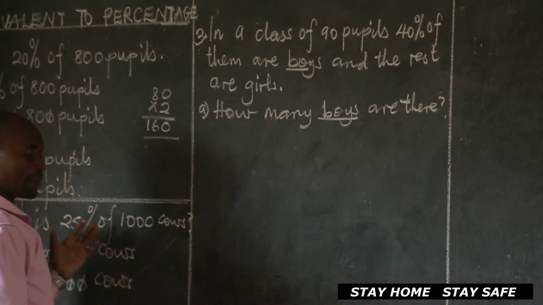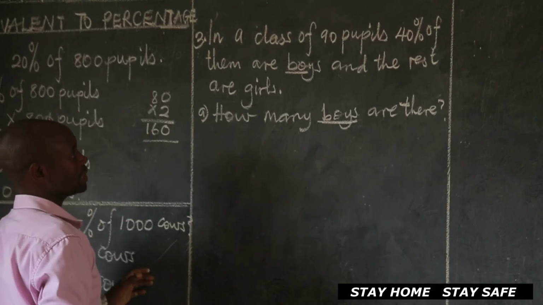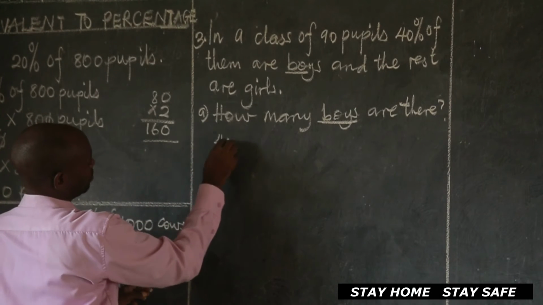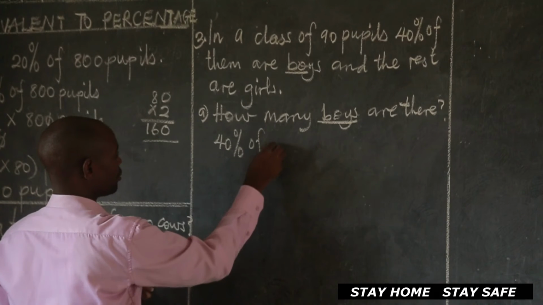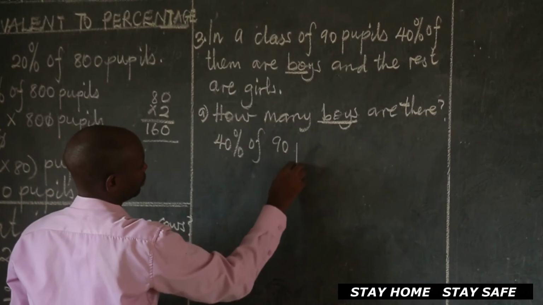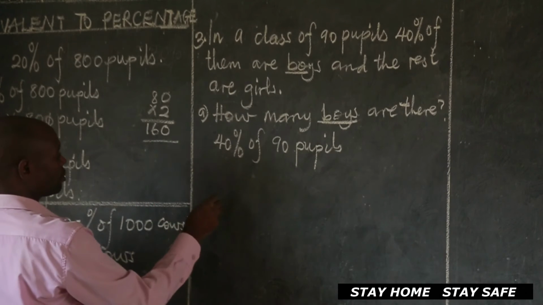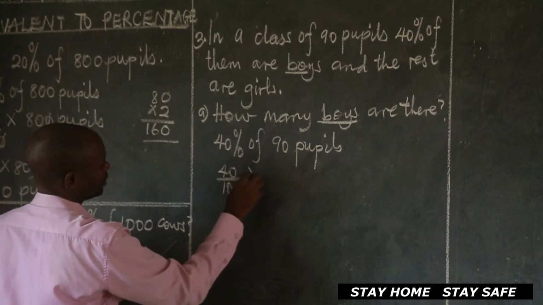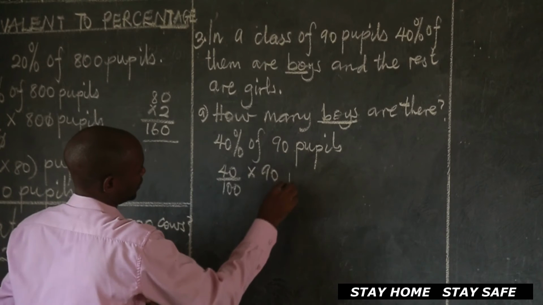Now, do we know the percentage of boys? Yes, the percentage of boys is known as 40%. So we shall get 40% of the total number of pupils, which is 90 pupils. This is going to give you 40 out of 100 times 90 pupils.